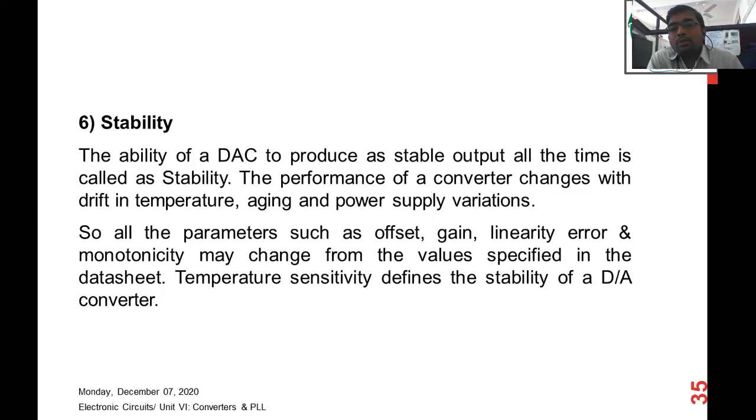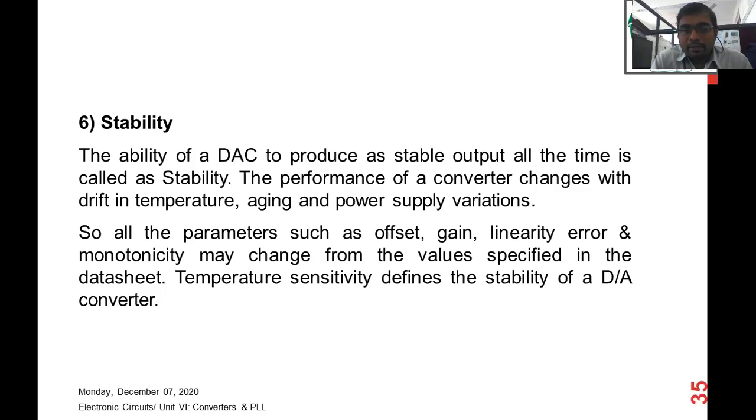Generally, we know the performance of the converter changes with drift in temperature, aging effect, or power supply variations. If your digital to analog converter produces a stable output with respect to variation in these terms, like temperature and power supply variation, it is called a stable digital to analog converter.